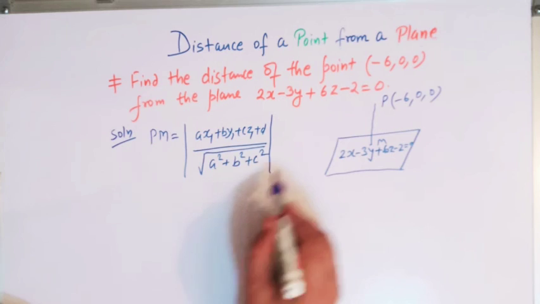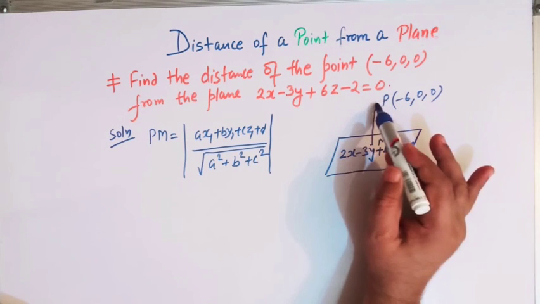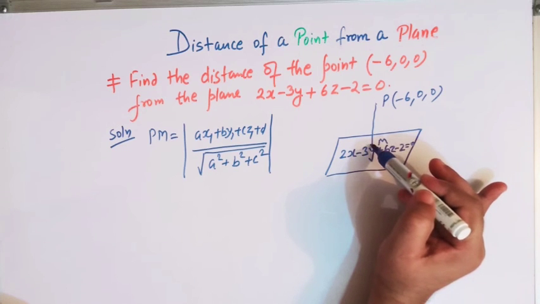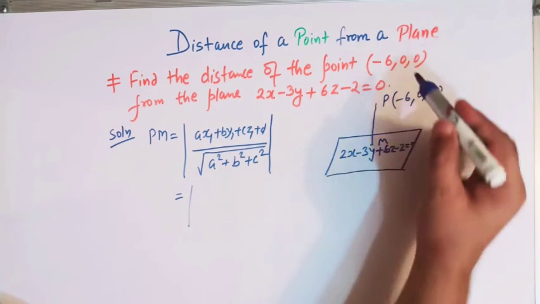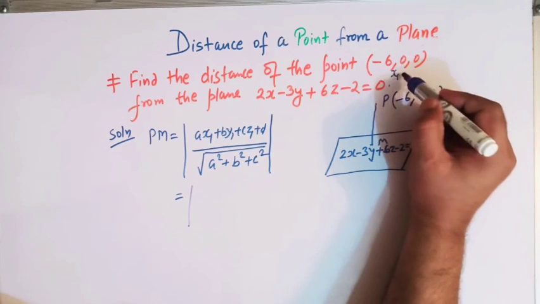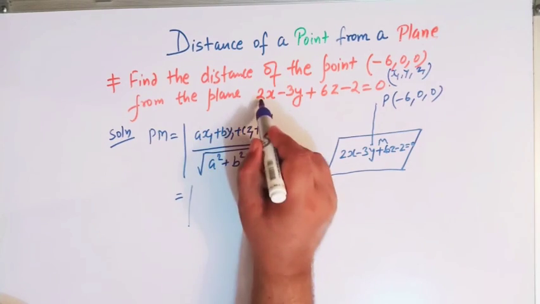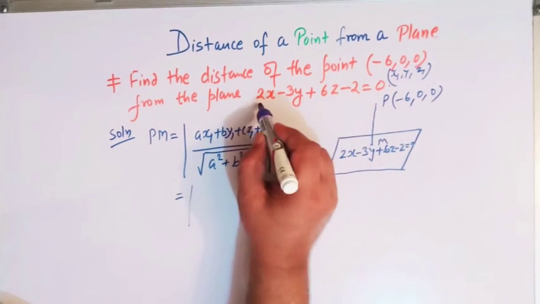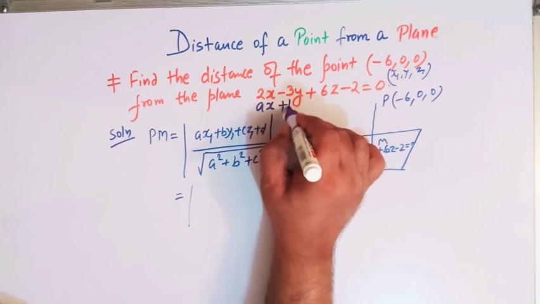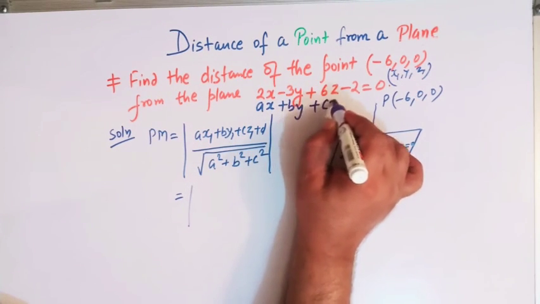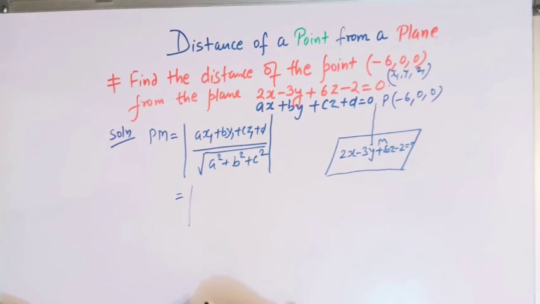So this is the formula for finding the perpendicular distance from this point P to this point M. Here we have x1, y1 and z1, and this equation of plane is ax plus by plus cz plus d is equal to 0, right?